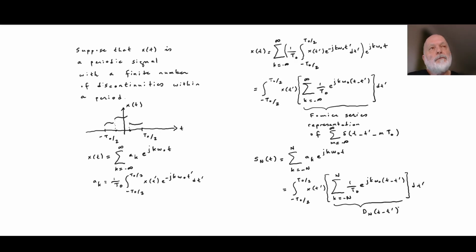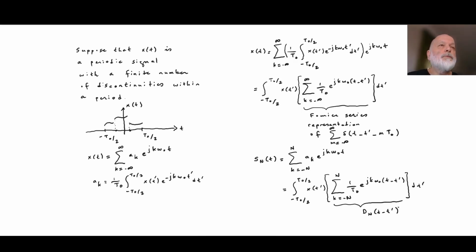Now, in example 7, in the previous example, we have evaluated the expression of the Dirichlet kernel, and we have seen that it has a main lobe at t, and it has side lobes over the entire domain of the function, which is also a periodic function with the same period, capital T0.